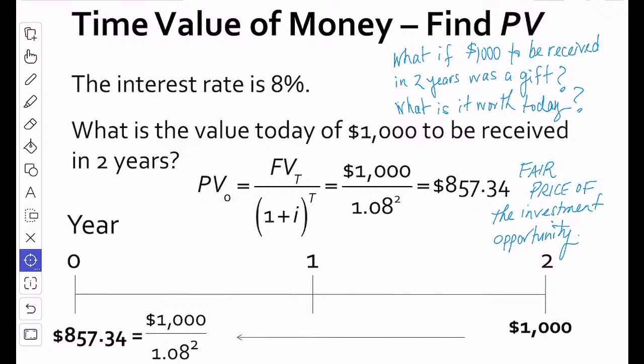So my question is, is the answer any different if $1,000 to be received in 2 years is a gift? What is it worth today?